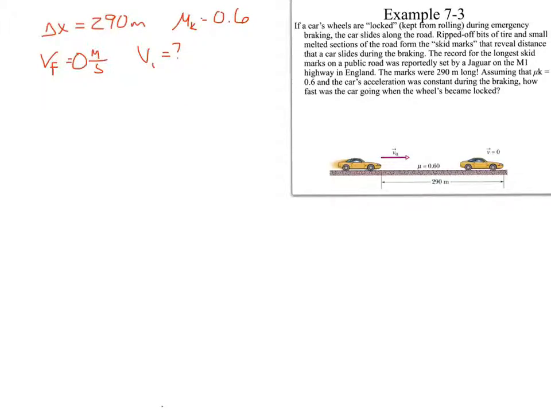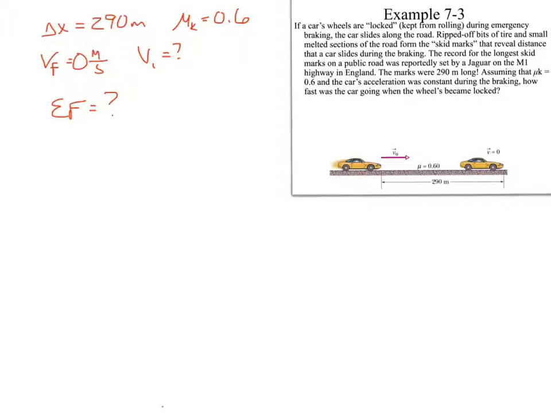So as this car is coming to a stop, what is the net force on the car bringing it to a stop? The assumption is that once the driver has hit the brakes, he's taken his foot off the gas, so the engine is no longer propelling the car forward. But the car did have an initial velocity that we're trying to figure out. So what's actually bringing the car to a stop?